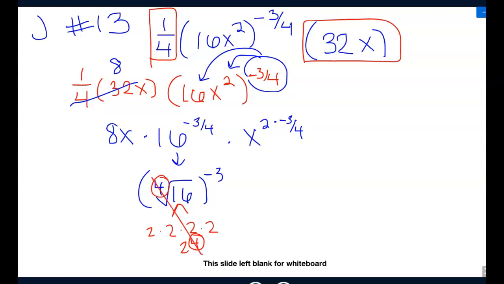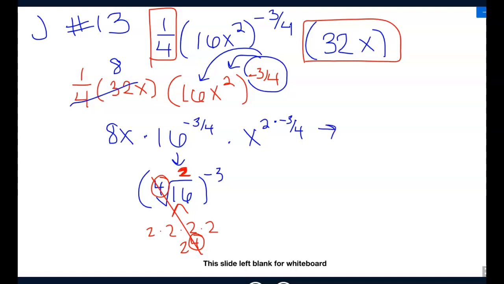Does everybody follow that? Okay with that? Because the 4th power and the 4th root cancel each other, so you're left with 2. Well, now I just have 2 to the negative cubed.